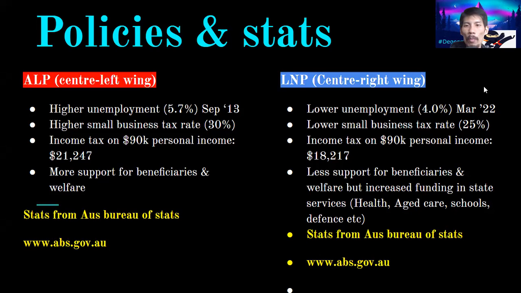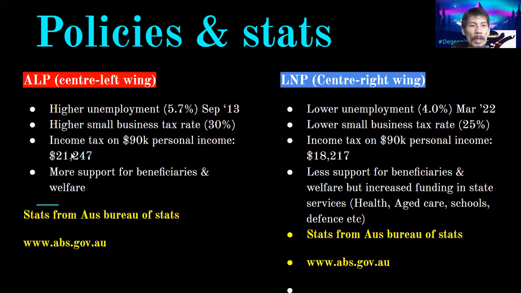LNP, centre right wing, as you can see, has lower unemployment. It's currently at 4% as of March. Labor had a higher small business tax rate, 30% when they were in power. LNP, a lower small business tax rate, 25%. And you can see the comparisons between the amount of income tax you pay.